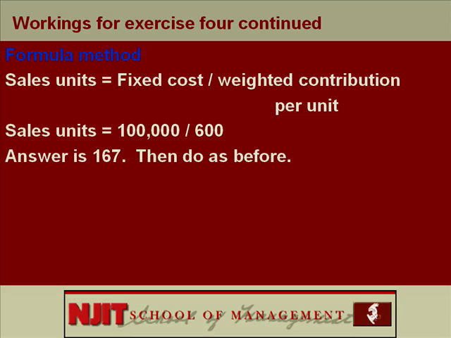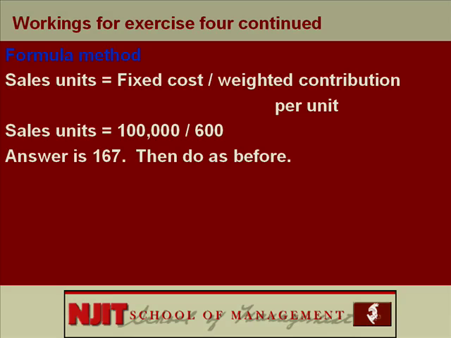The weighted contribution per unit takes both products into account. So what was the selling price weighted? It was 1800X, do you remember? What was the variable cost which took both into account? Do you remember? It was 1200X. I'm sorry, 1800 and 1200. So the weighted contribution was 600.